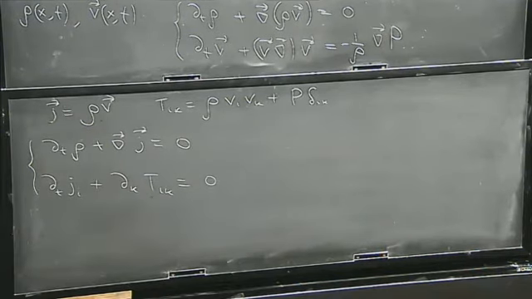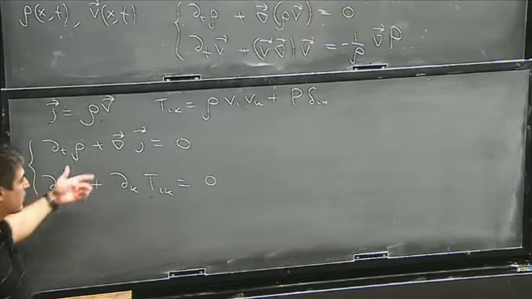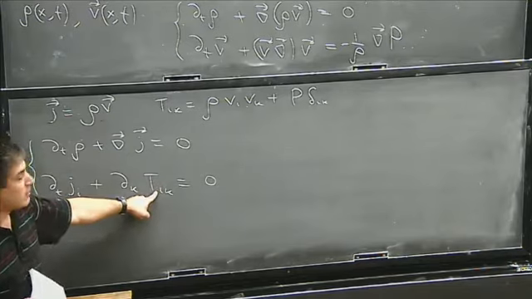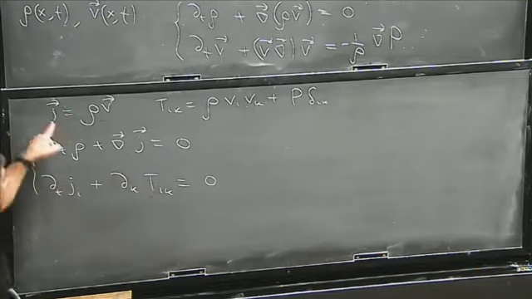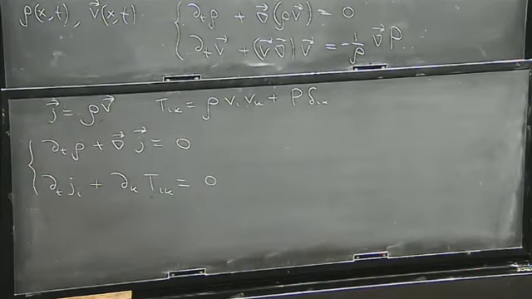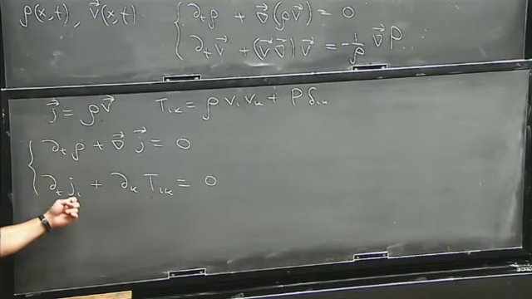So what we have is 4 equations here, plus constitutive relations. These are called constitutive relations, the relations which express the stress tensor in terms of rho and V, and current or momentum density in terms of rho and V. So this is basically the basis of hydrodynamics. We just say that there are 2 conservation laws. One is the conservation of number of particles, the other is conservation of momentum.